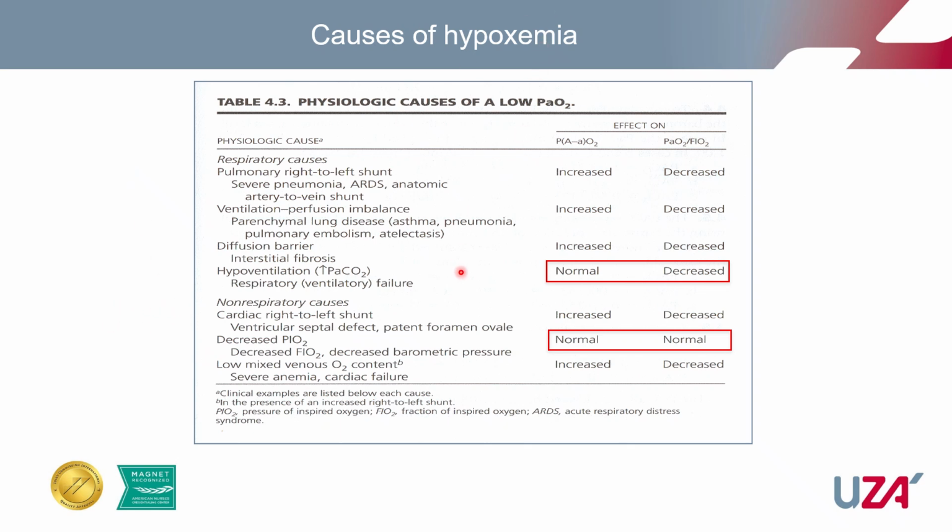Importantly, a normal AA difference and hypoxemia is only seen in hypoventilation or in a decreased inspiratory oxygen tension due to a decreased oxygen fraction or decreased barometric pressure. In all other cases, the AA difference is increased.